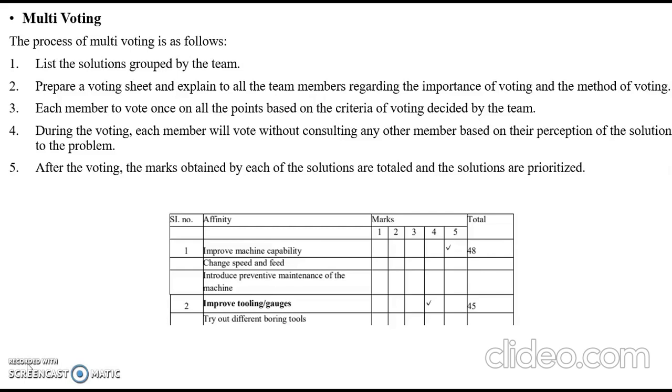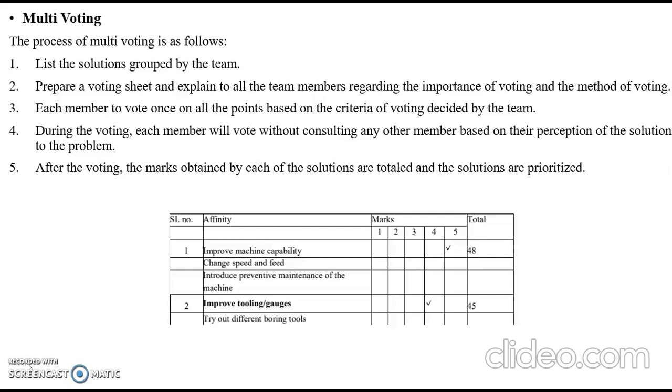And third, each member votes once on all the points based on the criteria of voting decided by the team. During the voting, each member will vote without consulting any other member, based on their preparation of solution to the problem. While multi-voting, there will be no discussion time.